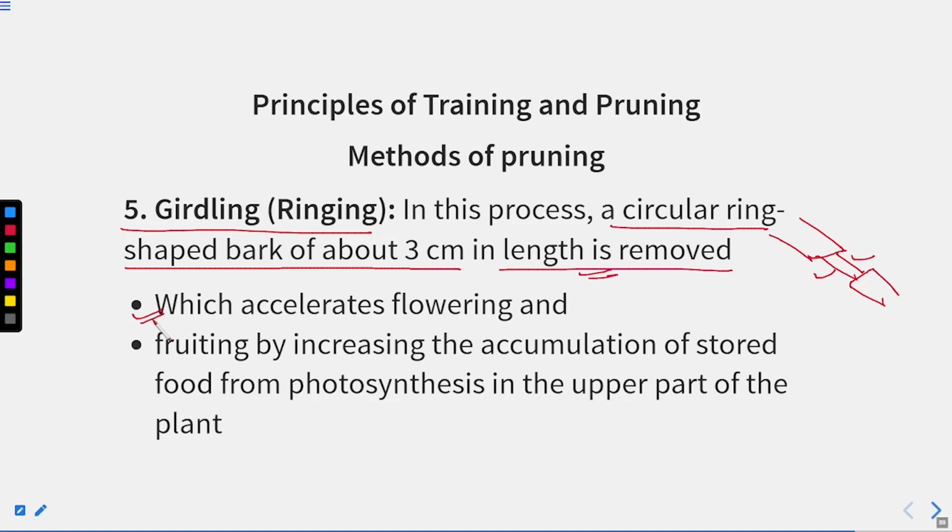It accelerates flowering and fruiting by increasing the accumulation of stored food from photosynthesis in the upper part of the plant. So the upper part of this plant will accumulate a lot of food here only, and it will give rise to flowering and also fruit.